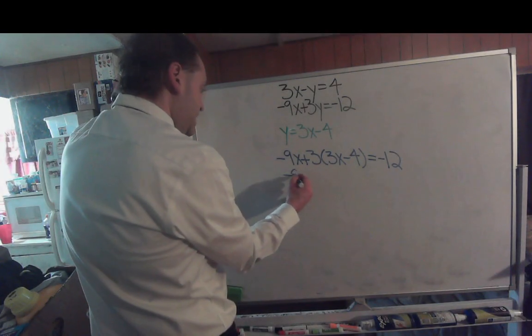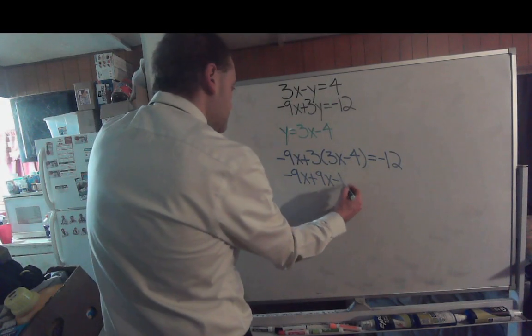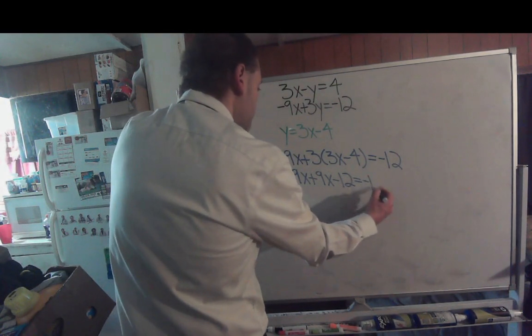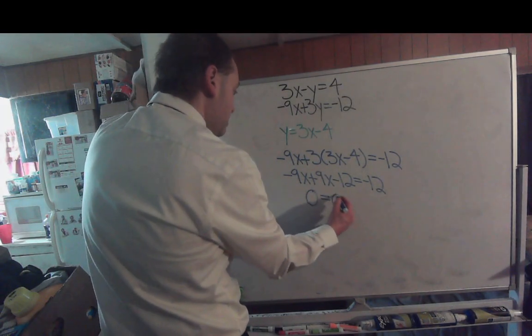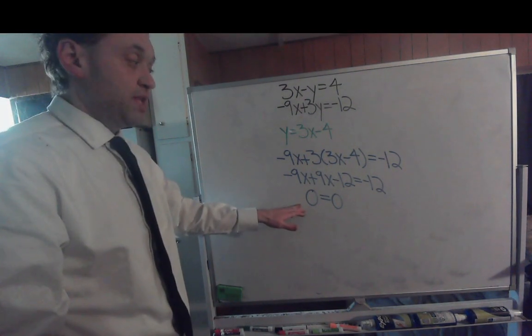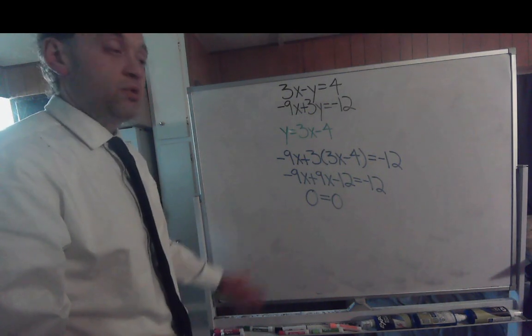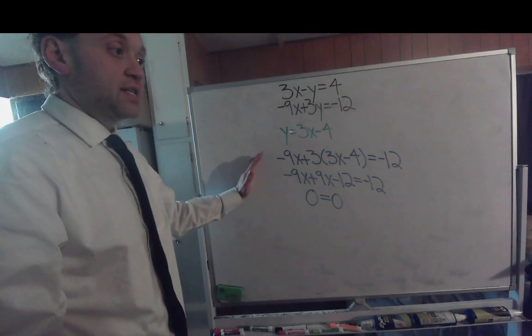So this would give you negative 9x plus 9x minus 12 equals negative 12, which would become 0 equals 0. Well, 0 certainly does equal 0, that's true, but that's all you have is a true statement. You don't have any points for where they intersect.